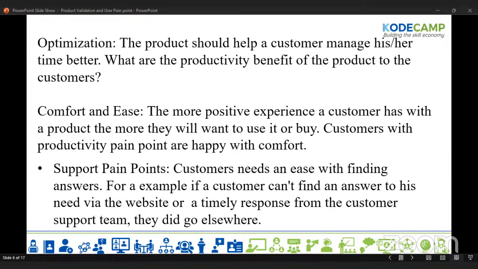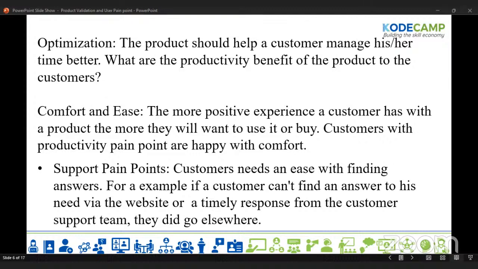If you are mentally stressing me, it's best for me to walk away from your company. So before you validate a product, you want to understand if it increases comfort or convenience. Does it make your customer happy and comfortable with what they are doing using your product or experiencing your product?